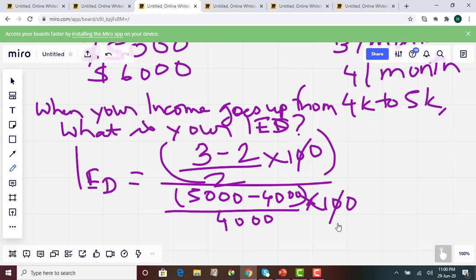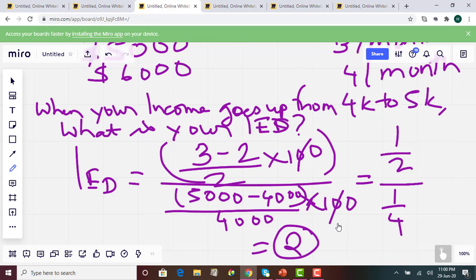The 100 cancels out, it comes out to be half divided by 1 by 4, and we end up with a number 2.